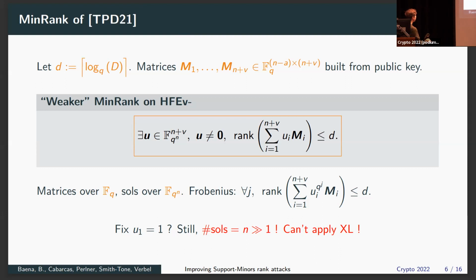So this means that even if you fix one U_i variable to 1 in your system, you still get n solutions, which is huge. And this means that the linearization techniques or XL that I mentioned earlier, you cannot really apply them, because this would mean that you would have a large kernel in your matrix. It would be infeasible to recover your solution.